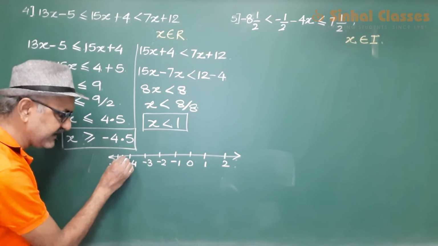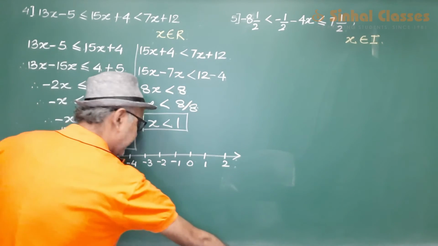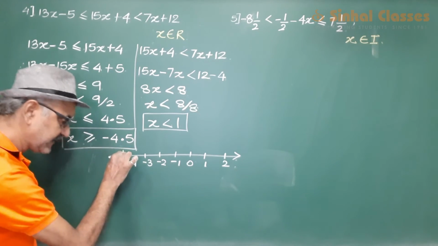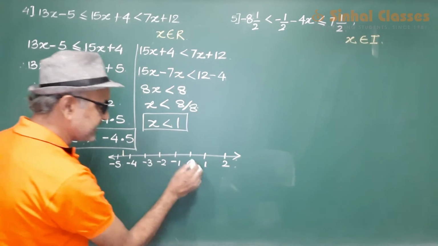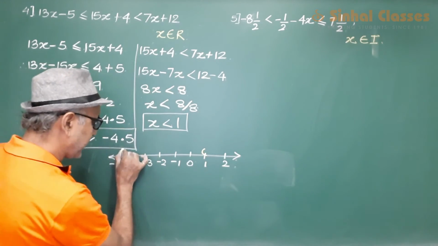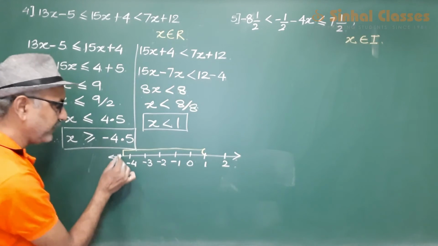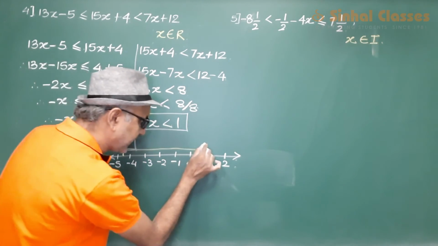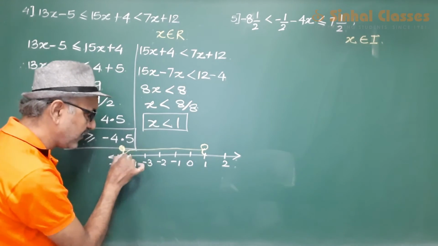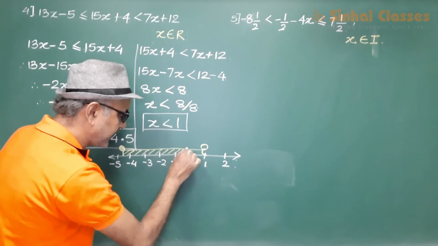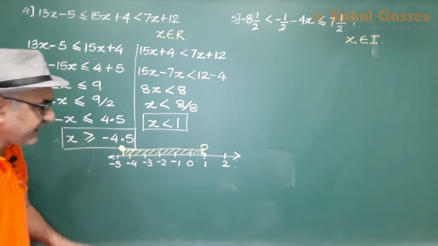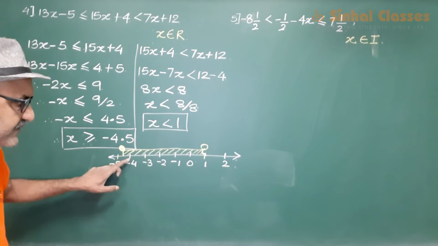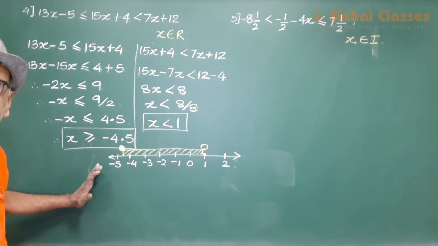Now 4.5 is here, greater than or equal to, so take a straight line. X is less than 1, take a curve, join them. Here put a dark circle, here put a hollow, and remember kids, I have not started it from minus 4, I have started from minus 4.5. That means somewhere in between minus 4 and minus 5.